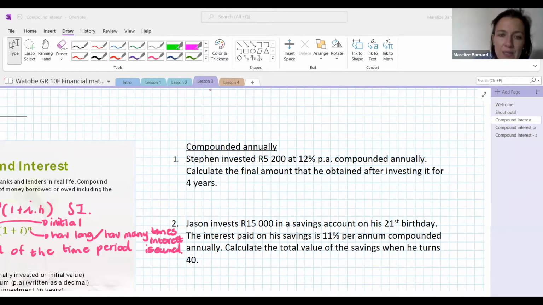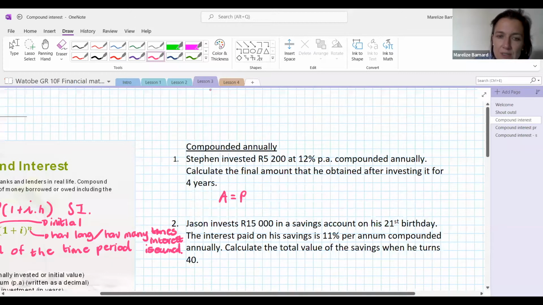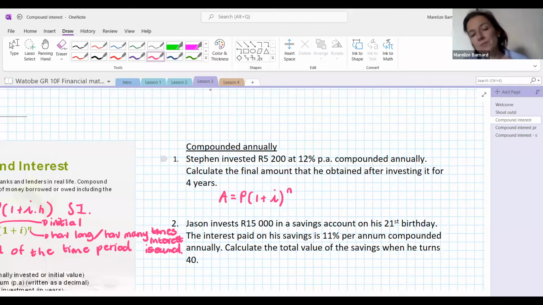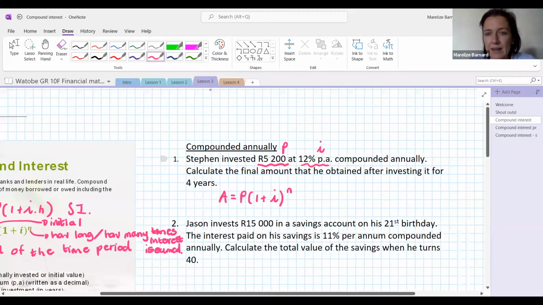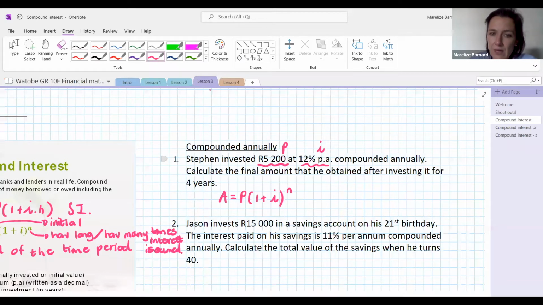Okay, so let's start off by writing our formula. This is compound interest, so let's write that down. And then let's write down our variables. He invested 5,200, that's our P. 12% per annum is our interest, compounded annually. We have to calculate the final amount, and the number of years that the money is being put away is n.